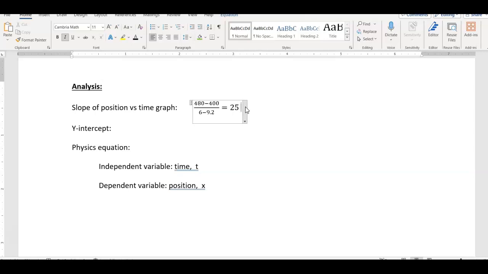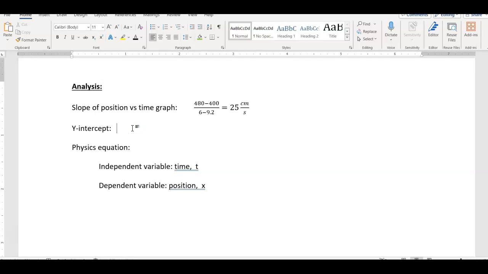And I get 25 centimeters per second. After I type centimeters/second, if I hit the space bar, it orients the units very prettily as well.